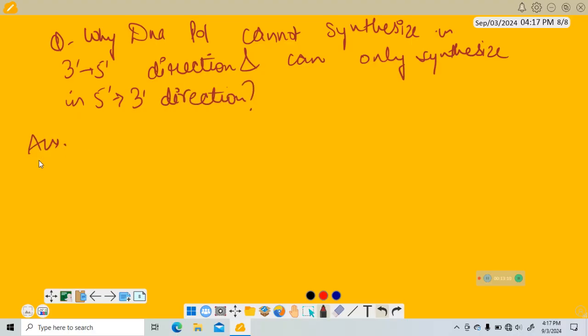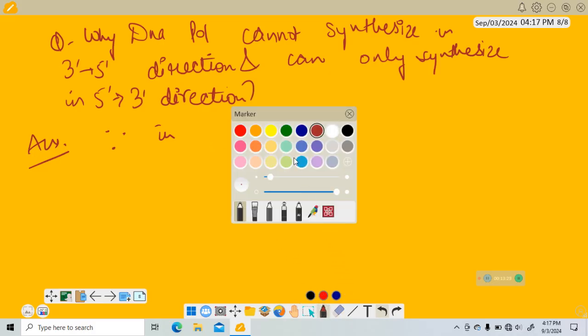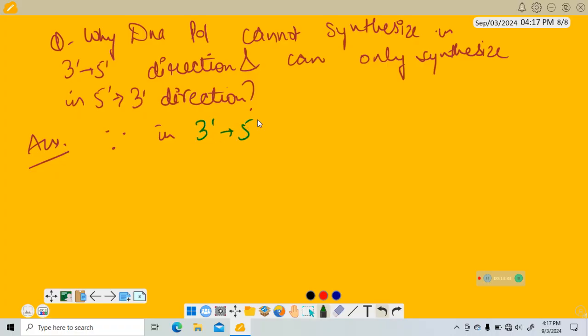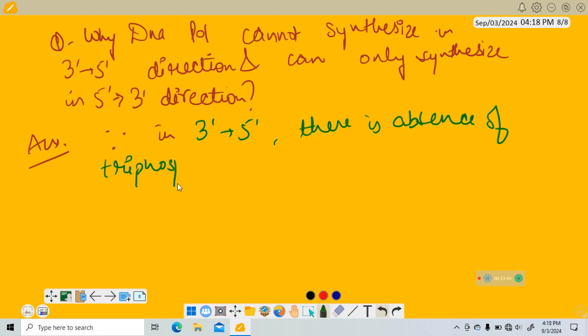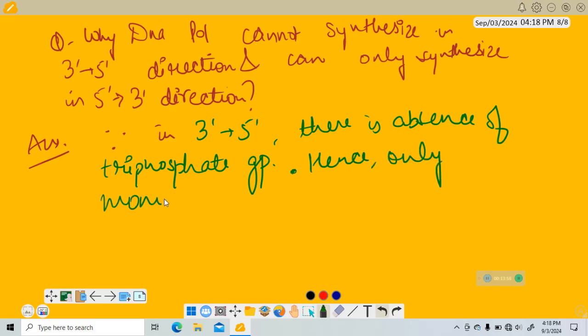So the answer will be like this: because in the 3 dash to 5 dash direction there is absence of triphosphate group, hence we are left with only a monophosphate group present.